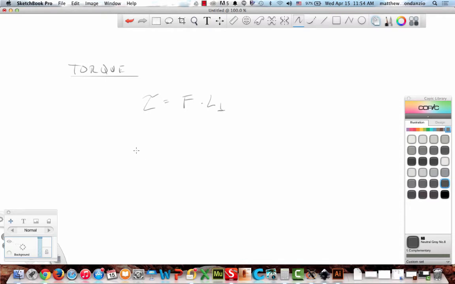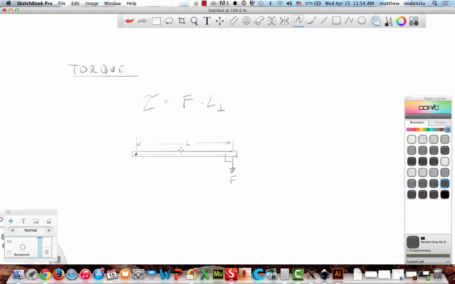What I mean is this: if I have a bar or a beam pivoting around this point, and I have a force pulling on that beam at a distance L, the force is perpendicular to the length that I'm acting on from the pivot point. Do you guys see that?